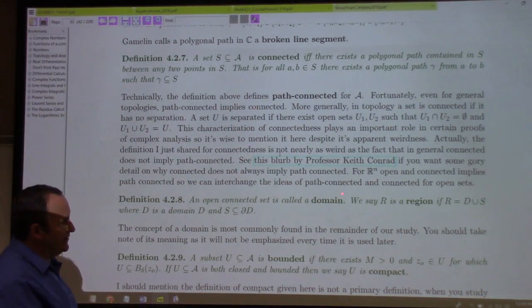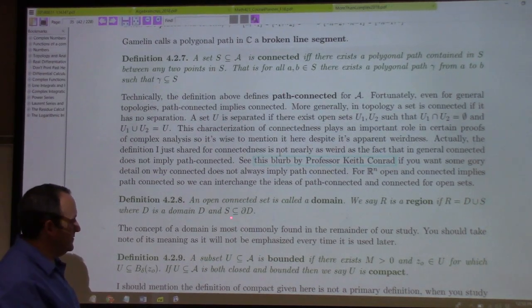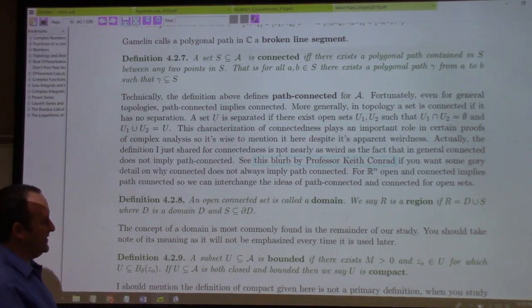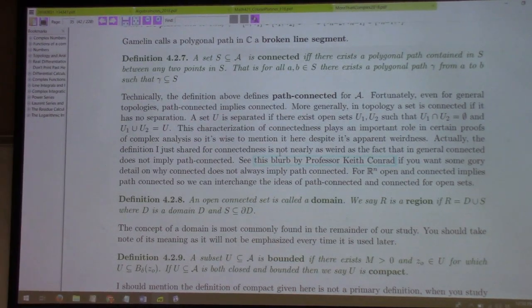All right. What's a region? A region is a domain union with S. What's S? Surface? No. It's a subset of the boundary of D. So a region is a domain plus at least some part of the boundary.